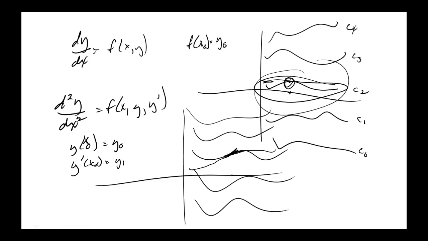So I found this pictorial representation a little less than satisfying because you could have more than one curve that crosses x0 at y0.